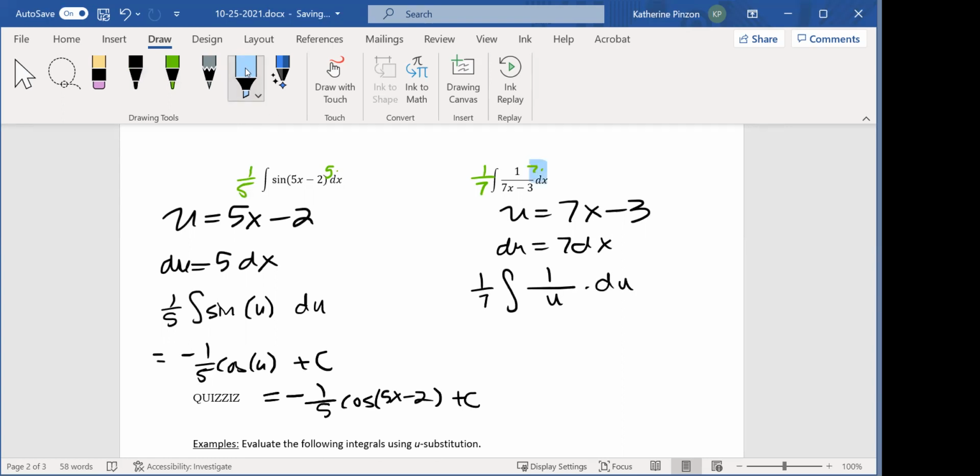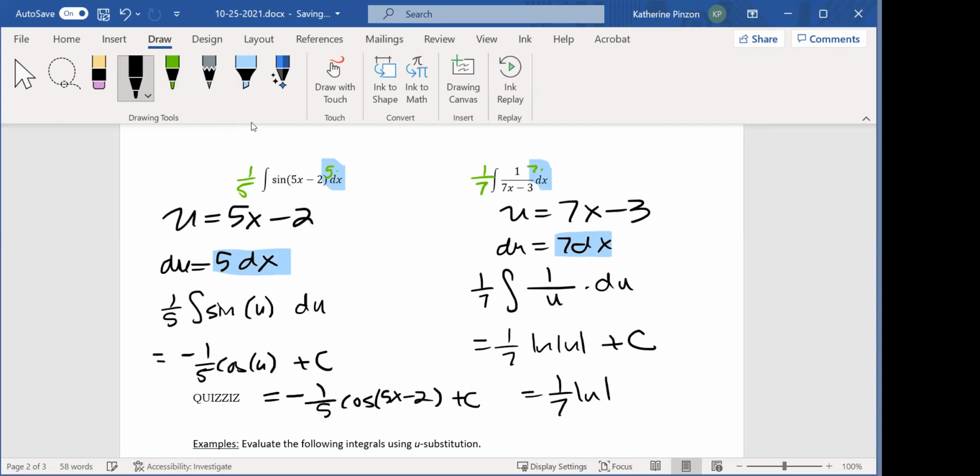Remember, this whole 7 dx is my du, right? Same here, this whole 5 dx was my du. So that's an ln u. Perfect. Okay, I started with x's, I should end with x's. 7x minus 3 plus c.